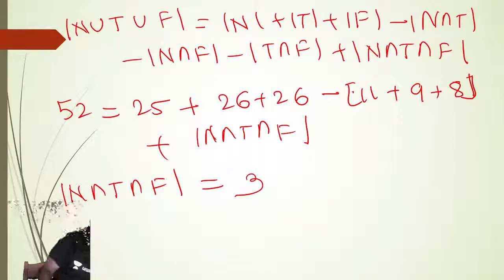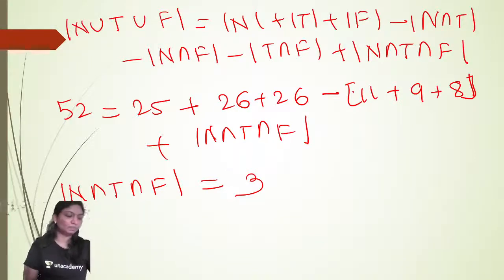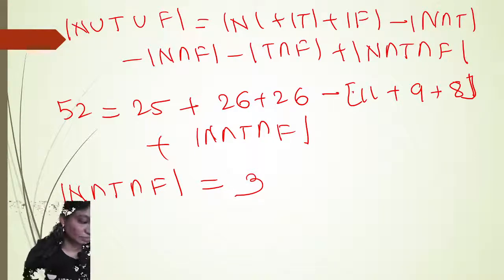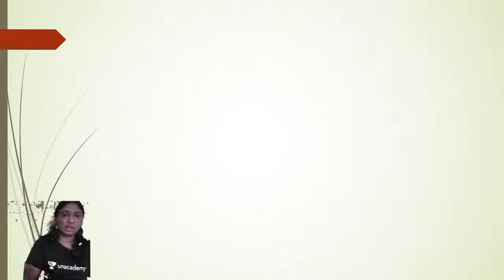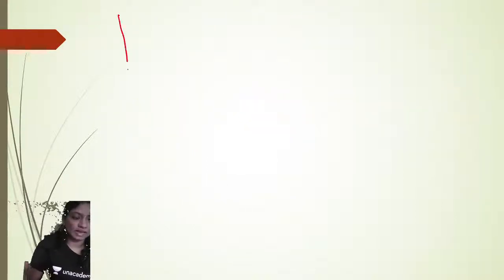So what is our second question? Fill the correct numbers in all the regions and determine the number of people who read exactly one magazine. So first we will draw the Venn diagram.